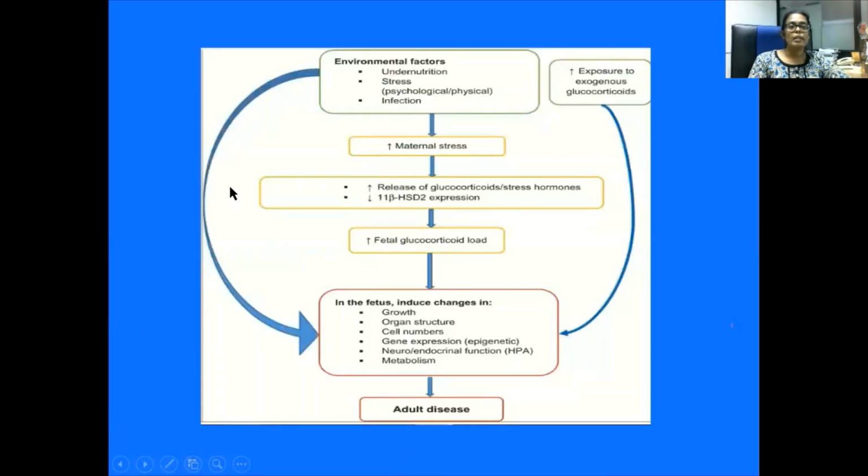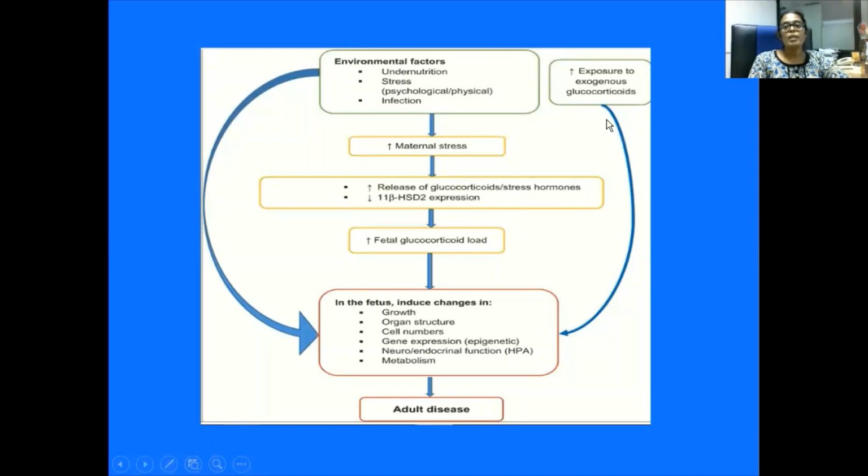Again, this is a similar picture. Environmental factors such as undernutrition, psychological and physical stress, infections, everything increases the mother's stress, and that increases her glucocorticoid level. The expression of the enzyme 11-beta hydroxysteroid dehydrogenase is supposed to inactivate the glucocorticoid, but the stress will alter this so as to maintain a high glucocorticoid level.